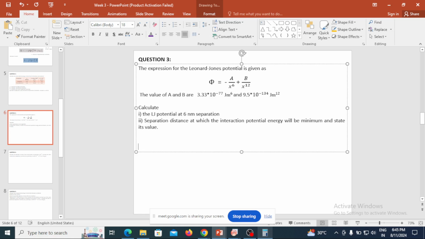This is not just related to this question. In any kind of problem, if you are asked to find the minima of a particular variable, then just take the derivative and equate it to 0. So that is the way of solving it.